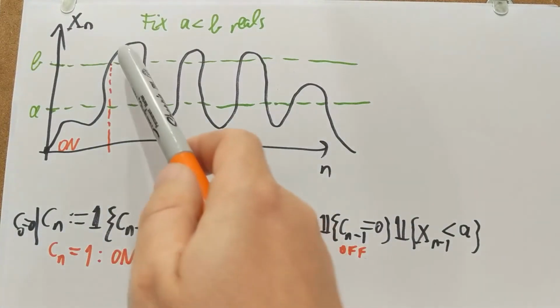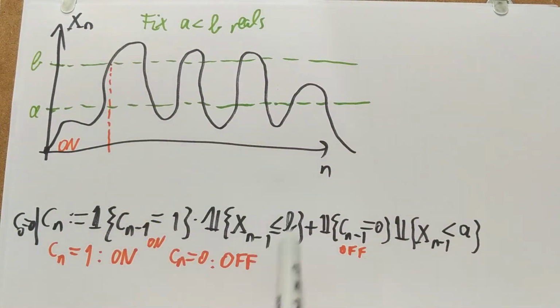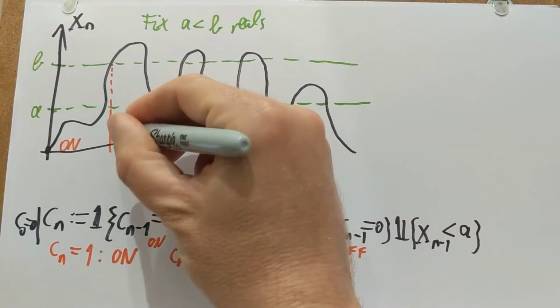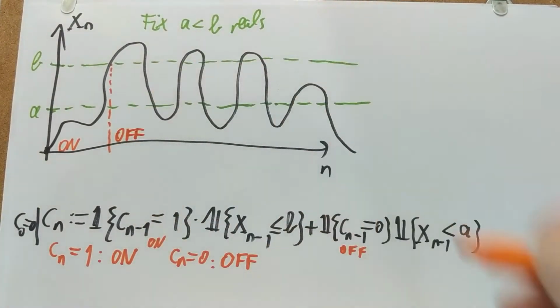Now in the next step, if x_{n-1} is strictly bigger than b and it was on before, then it turns itself off. So at this point, when we exceed b, it is going to turn itself off. It turns to 0 because this indicator will then kill the whole thing. So the next C_n value is 0.